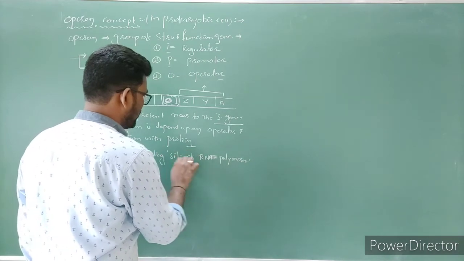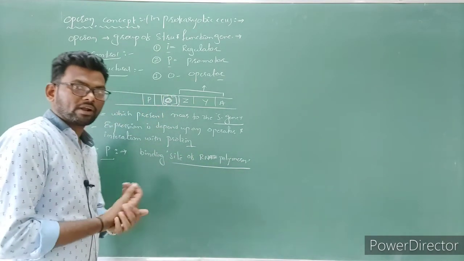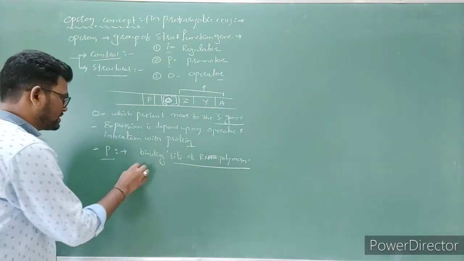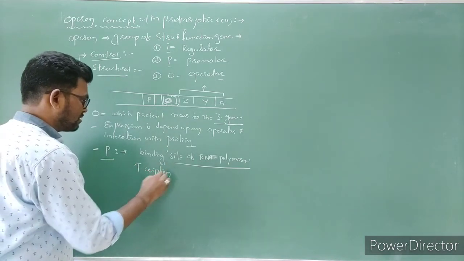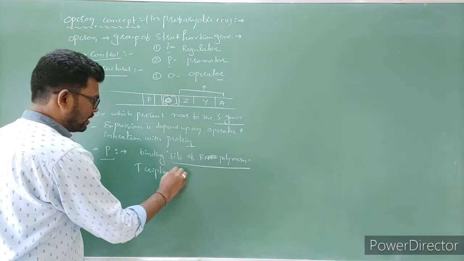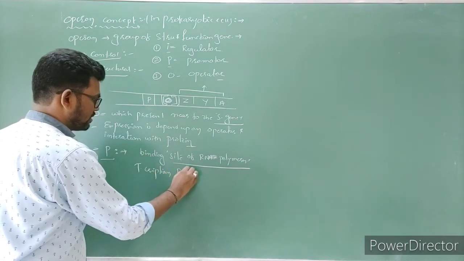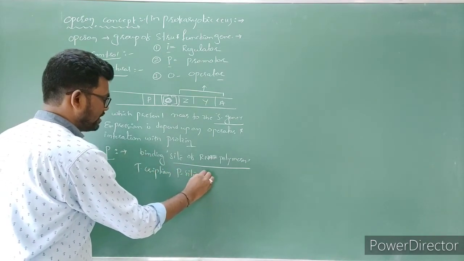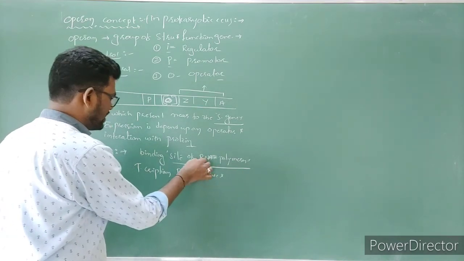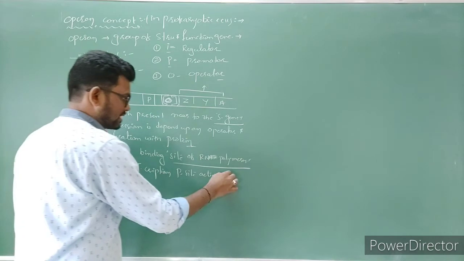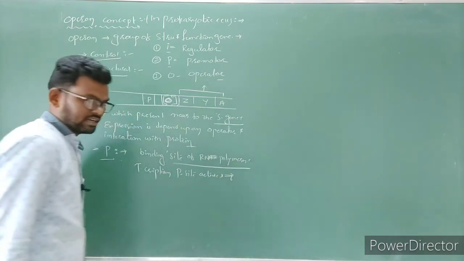For initiation of transcription, the promoter site should be active. Then only RNA polymerase enzyme binds on the promoter site and transcription is initiated.